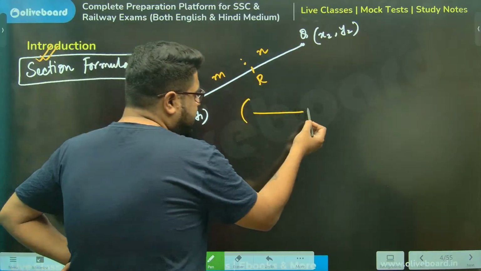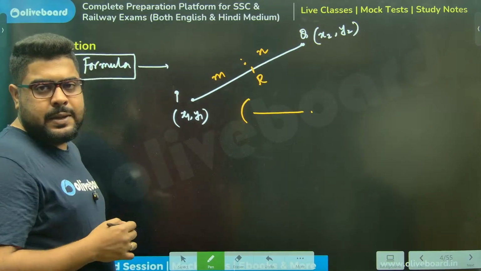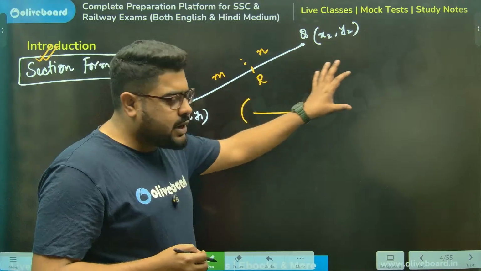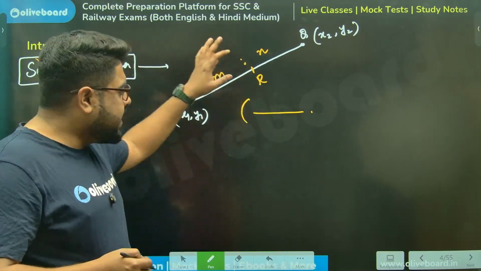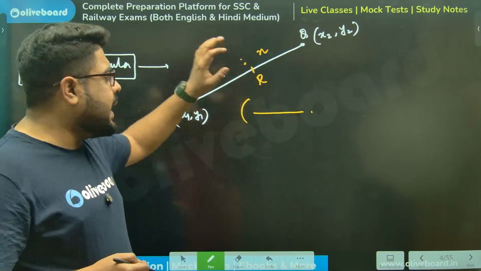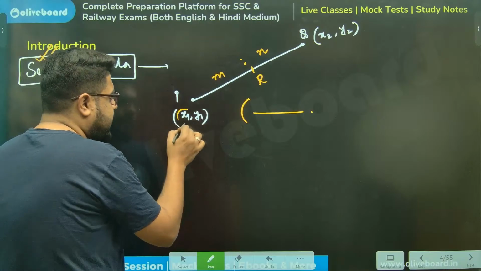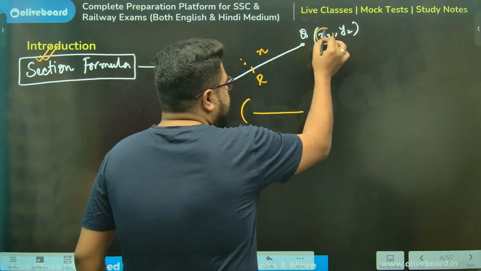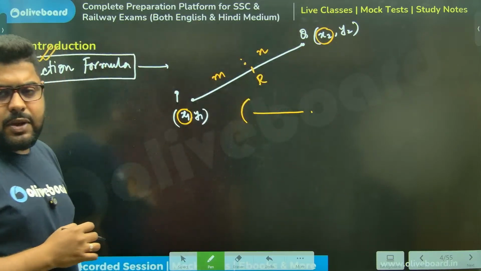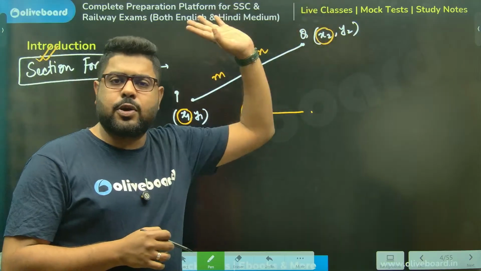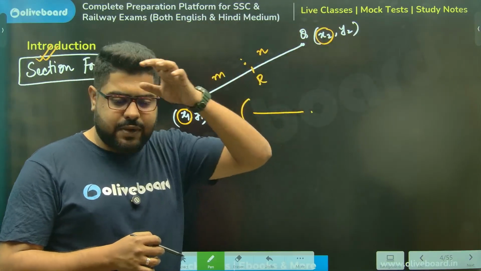Whenever you're figuring out the x coordinate, I'll only talk about x, meaning I'll take x1 and x2. I'll not even think about y1 and y2, because that I'll do when we talk about y. For x, we don't require y.